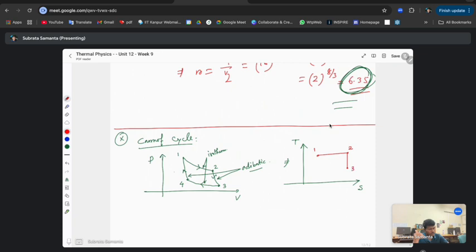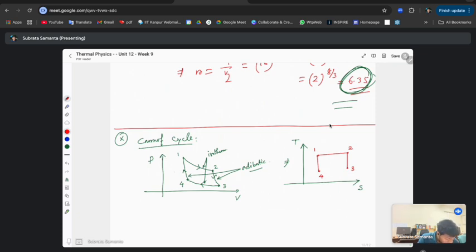Again 3 to 4 is isotherm, and 4 to 1 is adiabatic, again constant entropy.